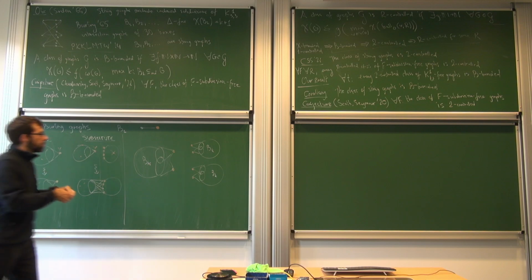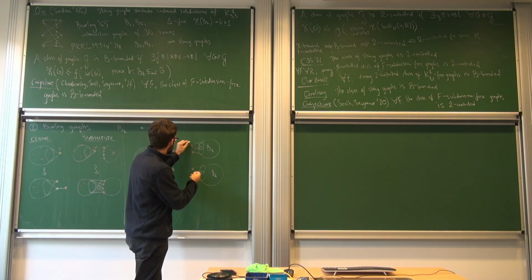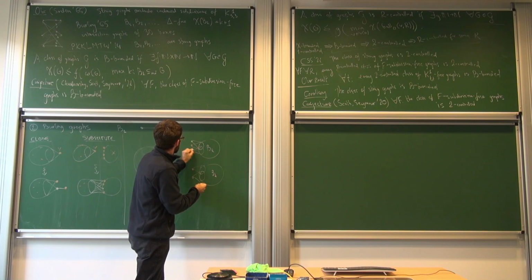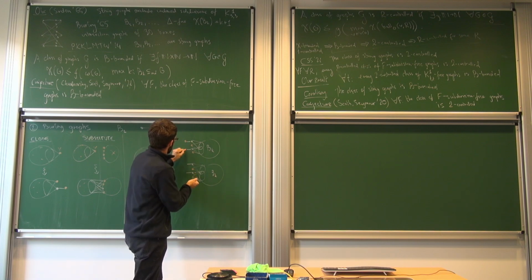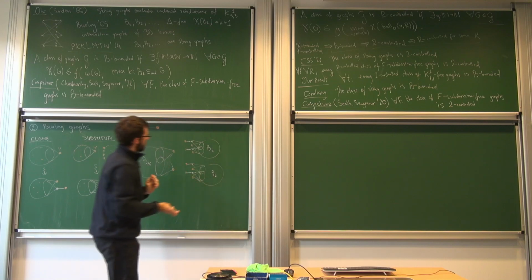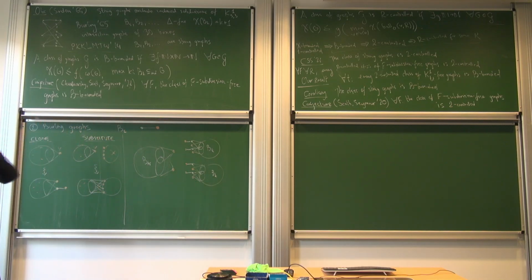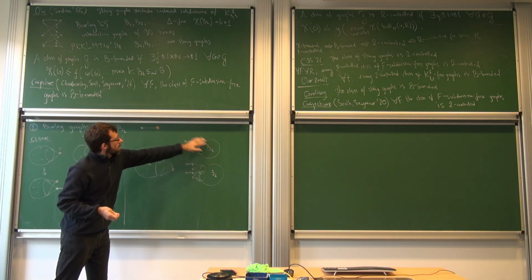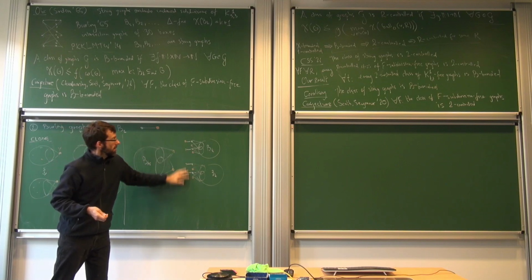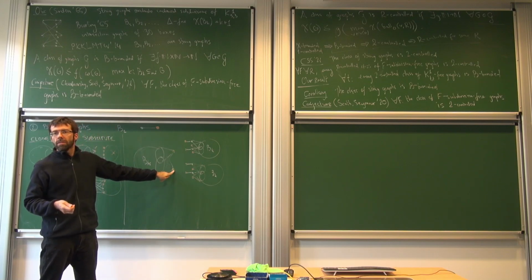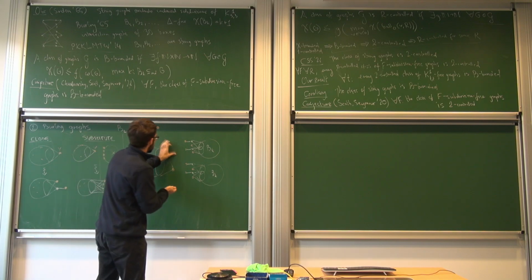This is phase one of the construction. So we clone this. We clone each of these vertices one after another, and then we substitute that for this vertex and that for this vertex. Okay.